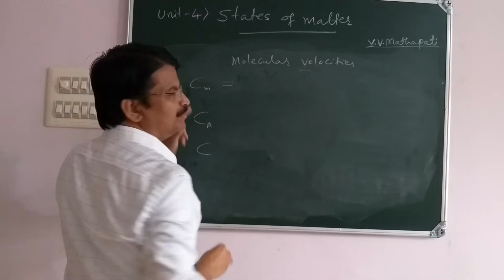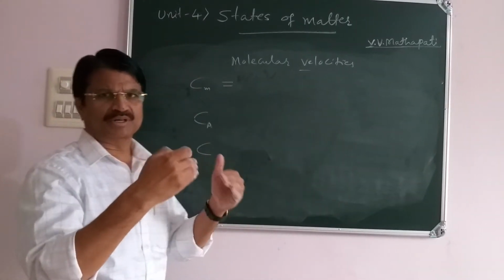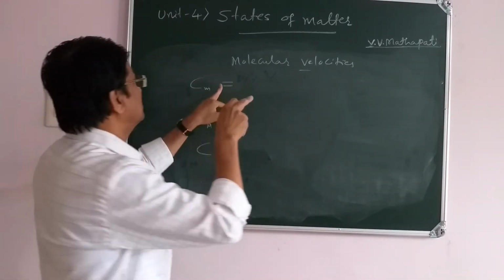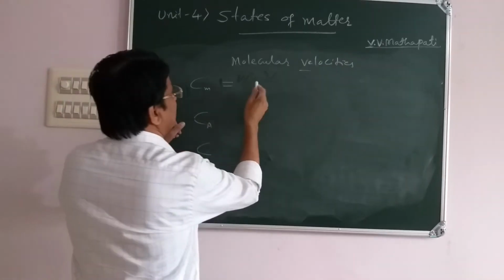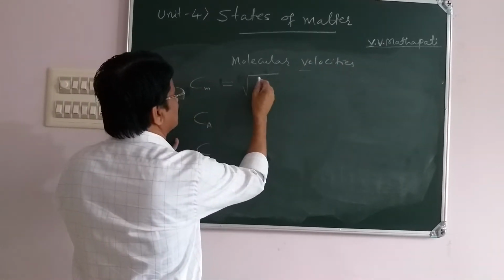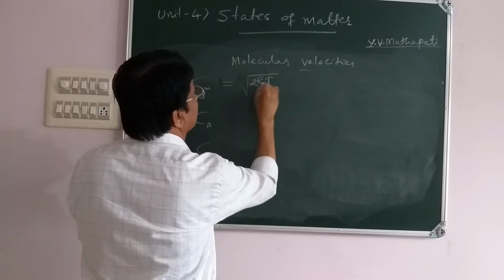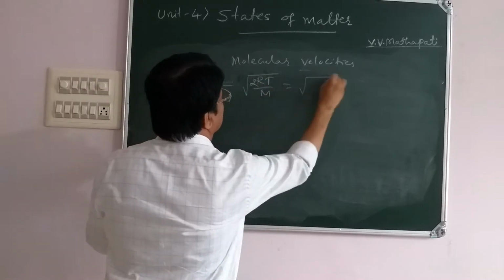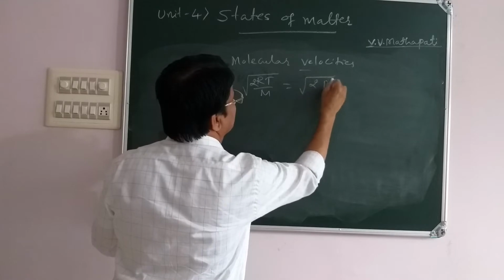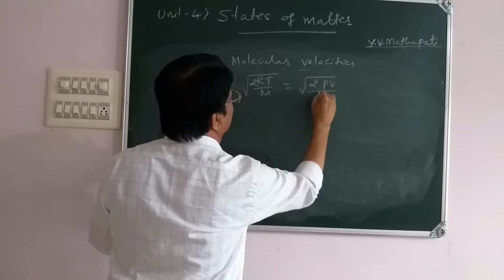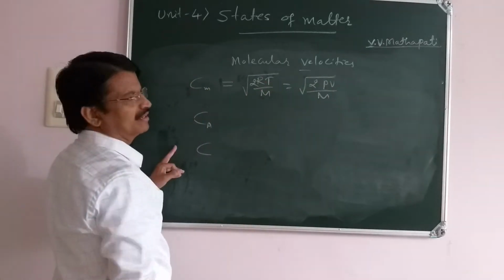Most probable velocity means most of the gas molecules have that same velocity. Most probable velocity equal to square root of 2RT by M, square root of 2PV by M, because PV equal to RT we can write.